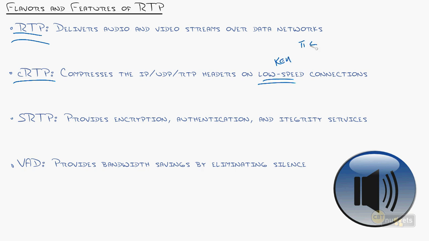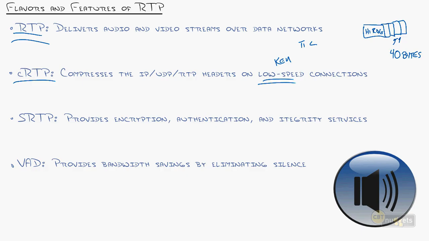You want to consider using this because inside of every packet, let's say here's my voice, hi Raj, you have the RTP header, the UDP header, the source IP, the destination IP, all of the normal stuff. All of that data totals up to about 40 bytes per packet. I say about, but actually it's exactly 40 bytes per packet, and we know that because all of the fields inside of those headers are fixed.